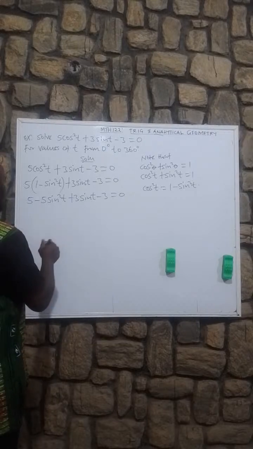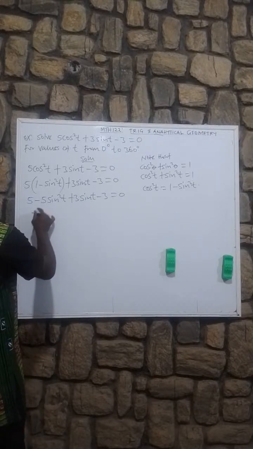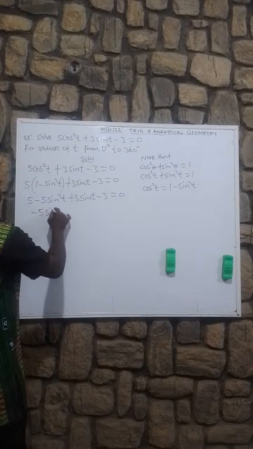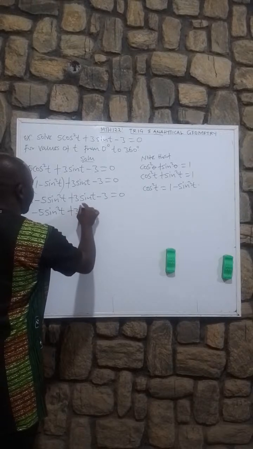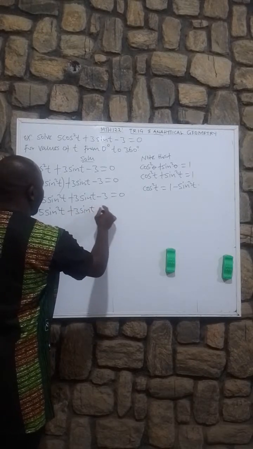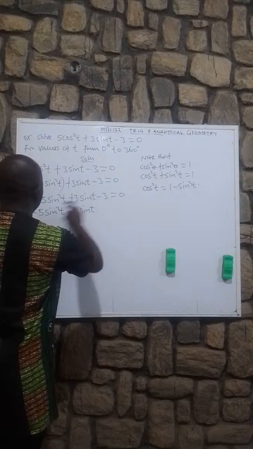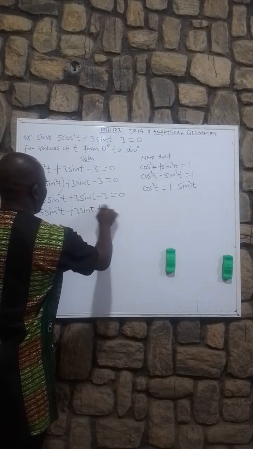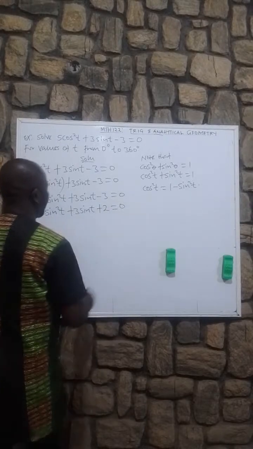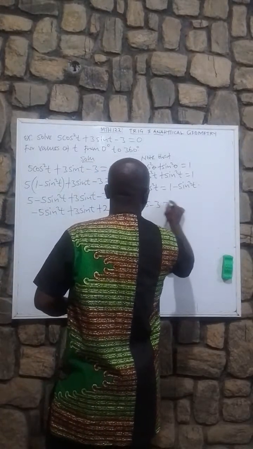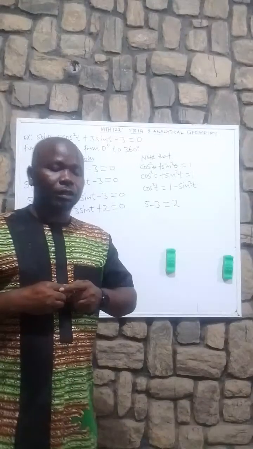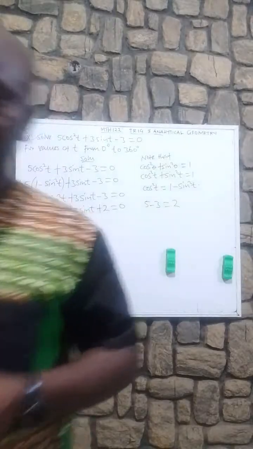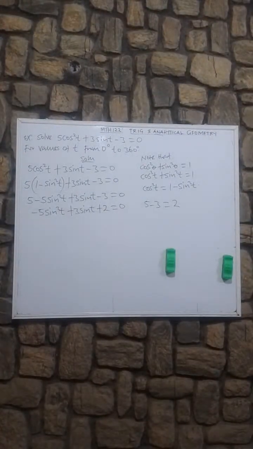So this is minus 5 sine square t plus 3 sine t plus 2 equals 0, because 5 minus 3 is equal to 2.